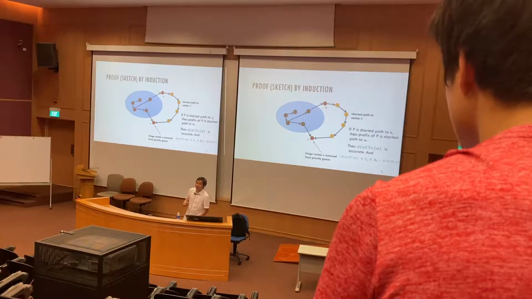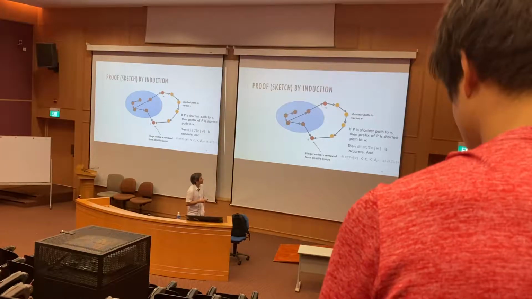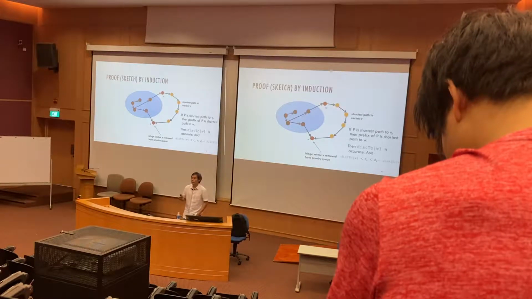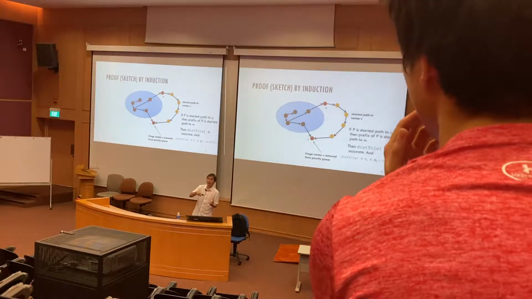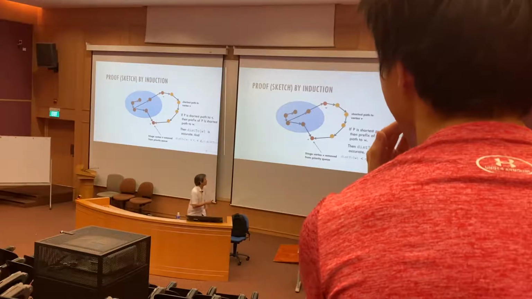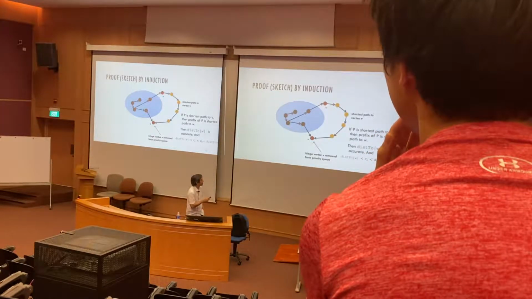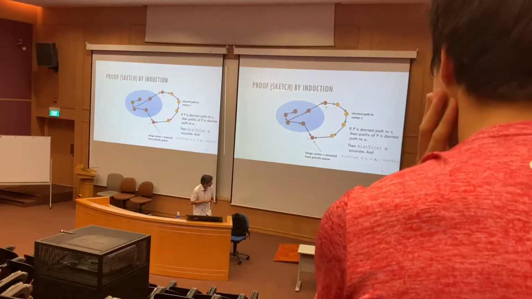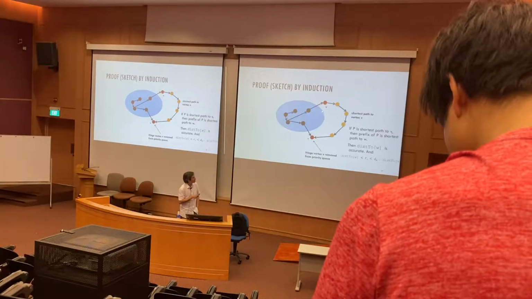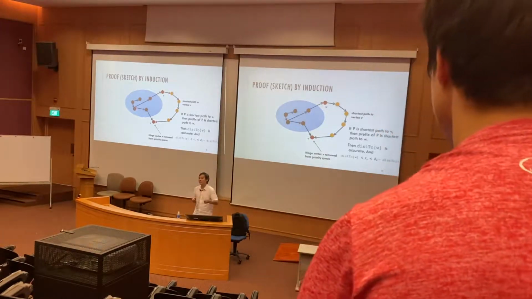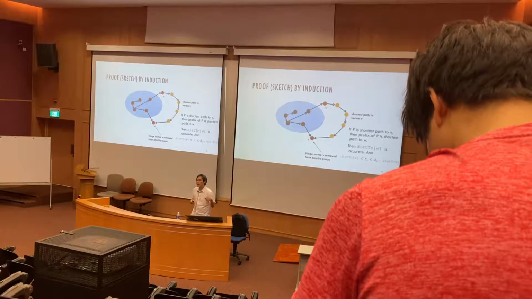If this path P is the shortest path to V, then the prefix of P is the shortest path to W. We know this because shortest paths contain other shortest paths. So if this is the real shortest path, then this has to be a shortest path as well, which means this distance is accurate. Remember, we have relaxed this edge before we added it to the priority queue.